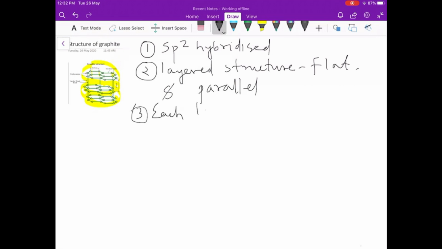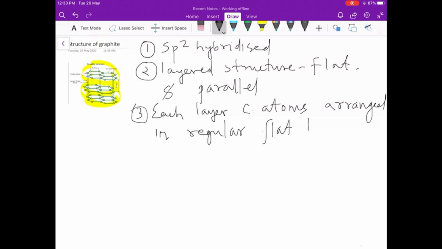So each layer has carbon atoms arranged in a regular flat hexagon, and yes, you can see that in the diagram also.